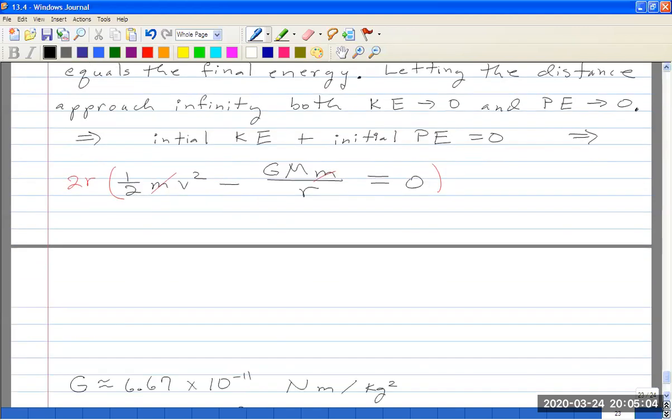And let me assume here that the escape velocity is c. So let v equal c. And so I have r times c squared minus 2GM is equal to 0.